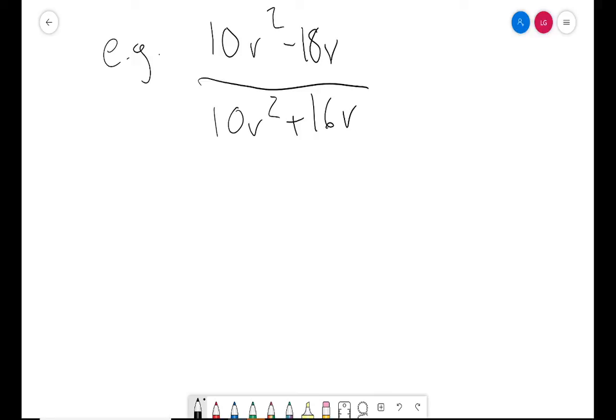Because if your first instinct is, oh, look, all I'm doing is matching things that are identical on top and bottom, so I'm going to cross out the 10v squareds, you've made a mistake, right? The problem with that is that 10v squared is altered differently on top and bottom, not via multiplication, via subtraction and addition.